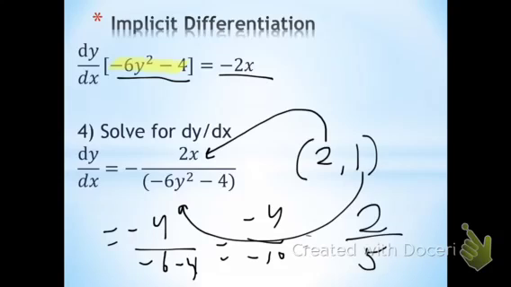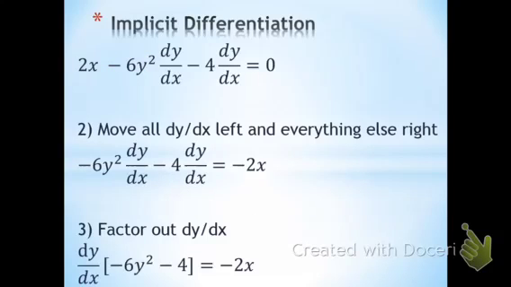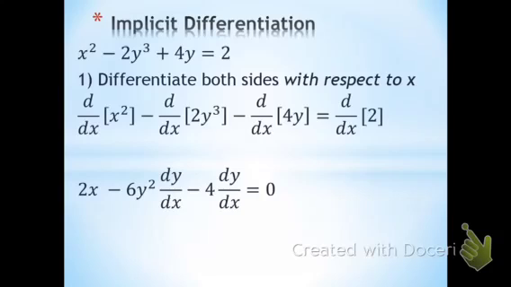The whole point of this is at the point 2, 1, the slope of this original equation, I'm going to back up here for you, the slope of this original equation right here is 2/5.